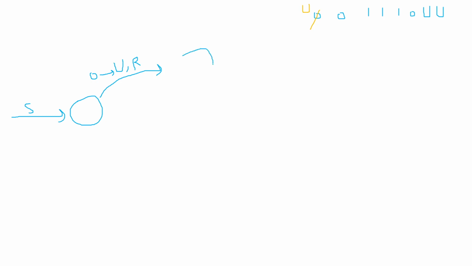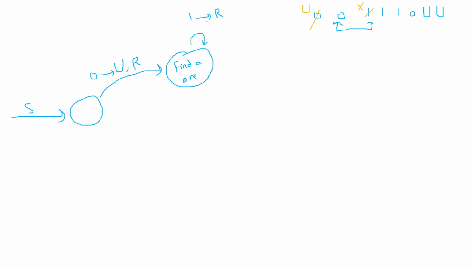Okay. Now what we should do is find a 1. My head is currently here, and I have to keep looking until I find a 1. Once I find that 1, cross it with an X. So I keep skipping my 0s and just move to the right.